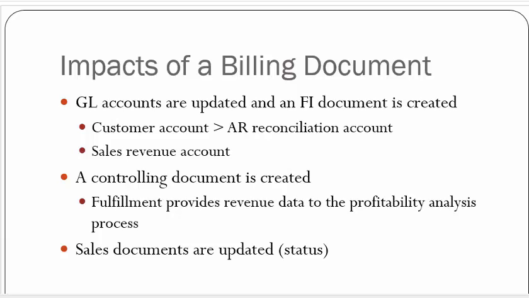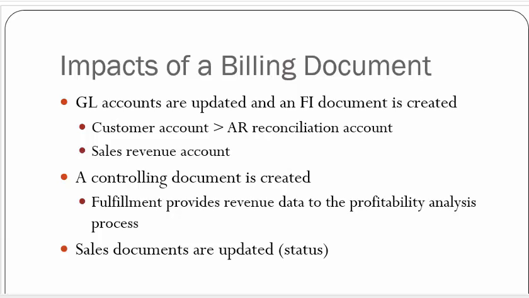So in the previous step, when we were doing the post goods issue, only inventory and cost of goods sold got affected. But now that you have actually invoiced the customer, the revenue account is credited. And again, that reflects on the profitability analysis in control.